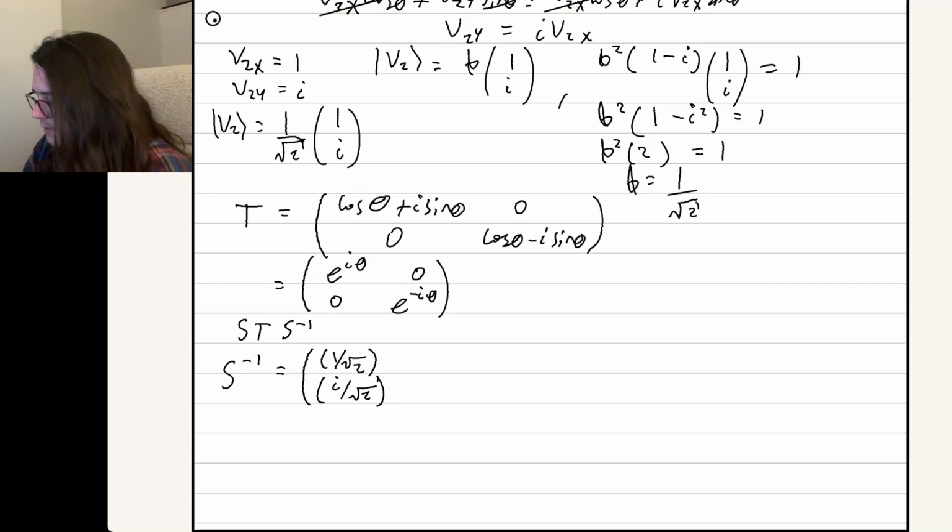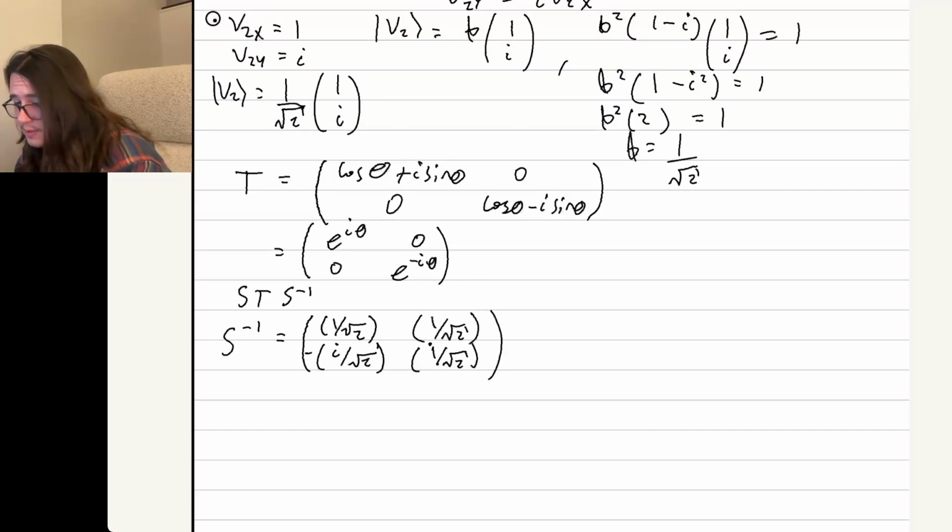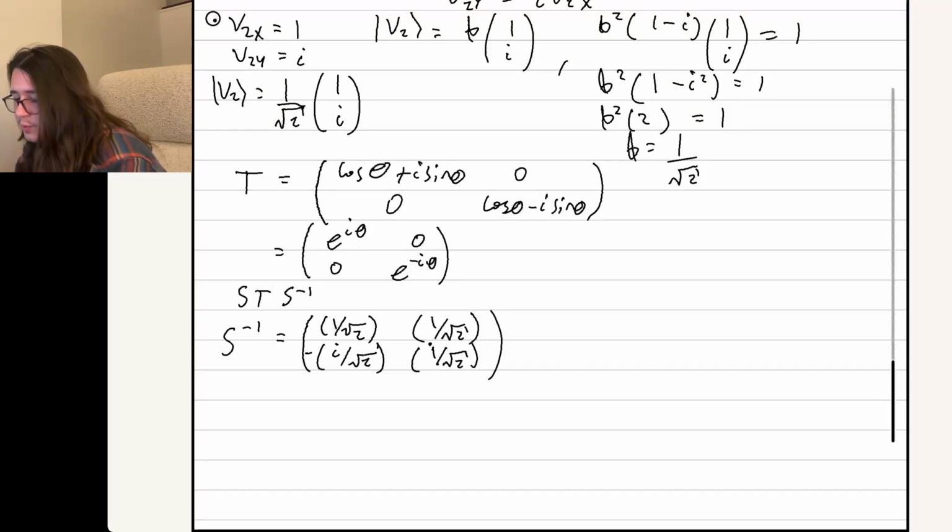And then for the second eigenvector, we found this was 1 over root 2, and this was actually the minus i one. v2 was the one with positive i. So this is i over root 2 for that component. So yeah, the columns of the inverse similarity transformation matrix are formed by the eigenvectors, right?